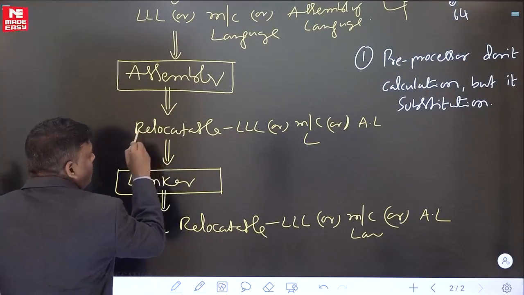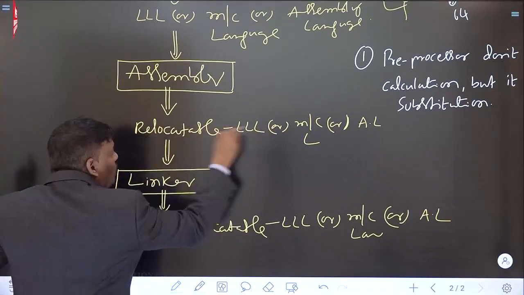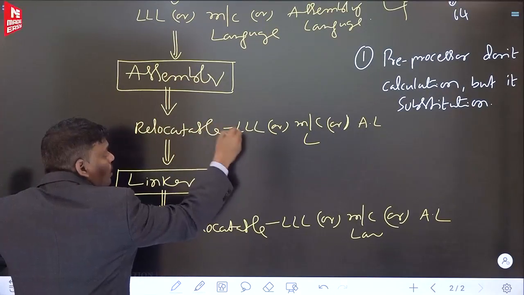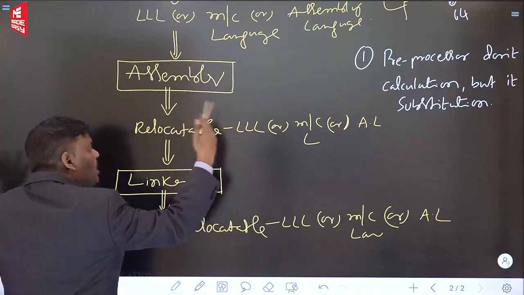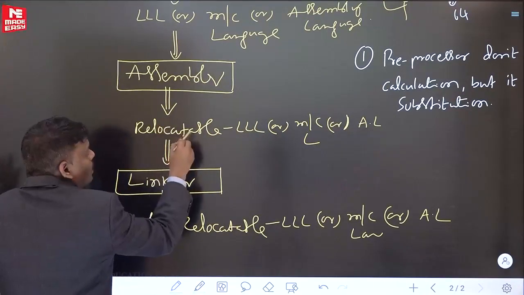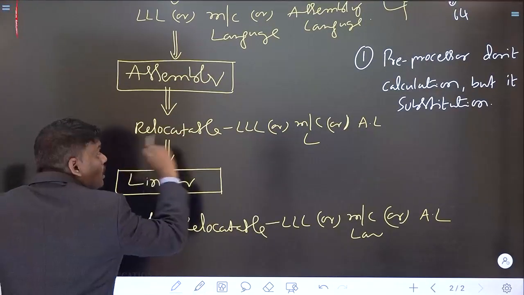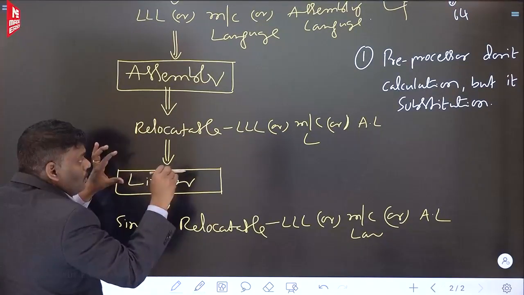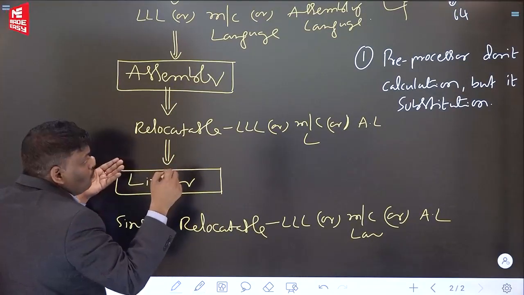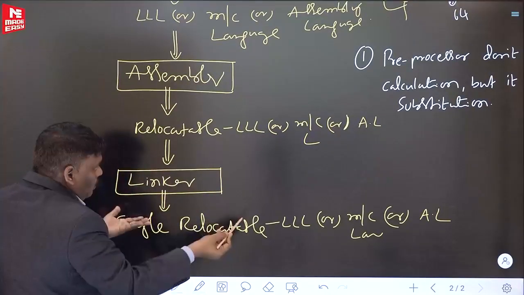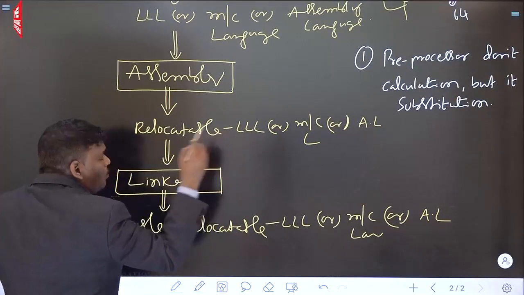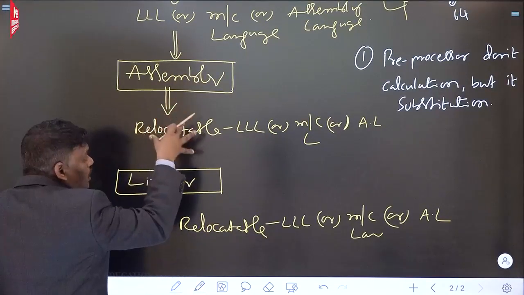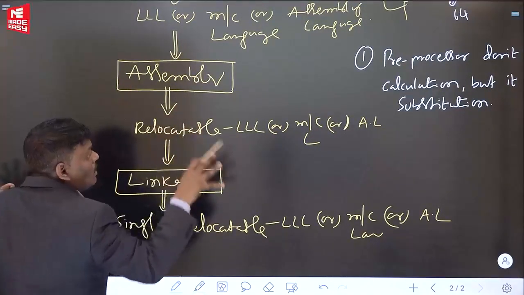Suppose that so many relocatable low level language files are there. Suppose that 100 files are there, which are relocatable. Out of those 100, for the project which you are running, isn't it that 90 are associated?